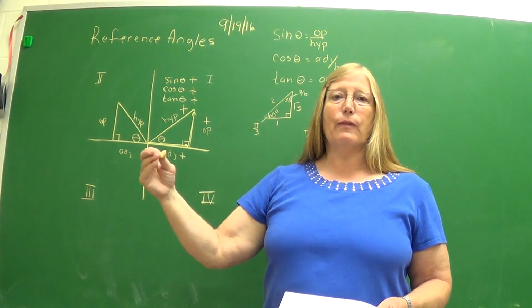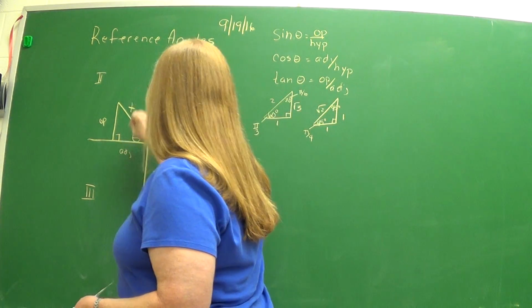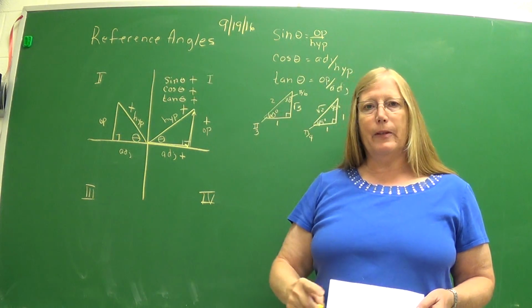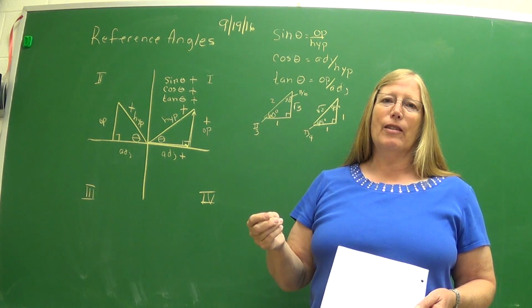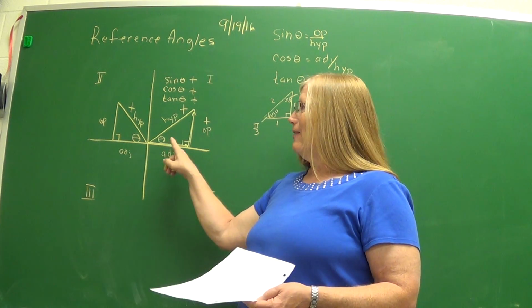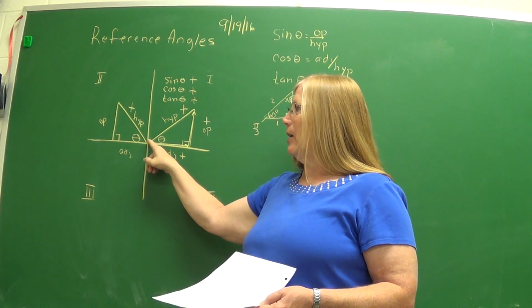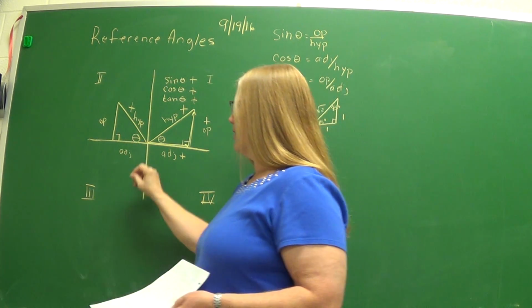Again, hypotenuse is always positive. It's a distance from the origin no matter where it is. All right, so a positive, but adjacent and opposite are not boring positive. Which one shows up negative? Can you tell before I tell you? If you're starting from the origin, you go backwards on adjacent, to the left. That is the negative direction.